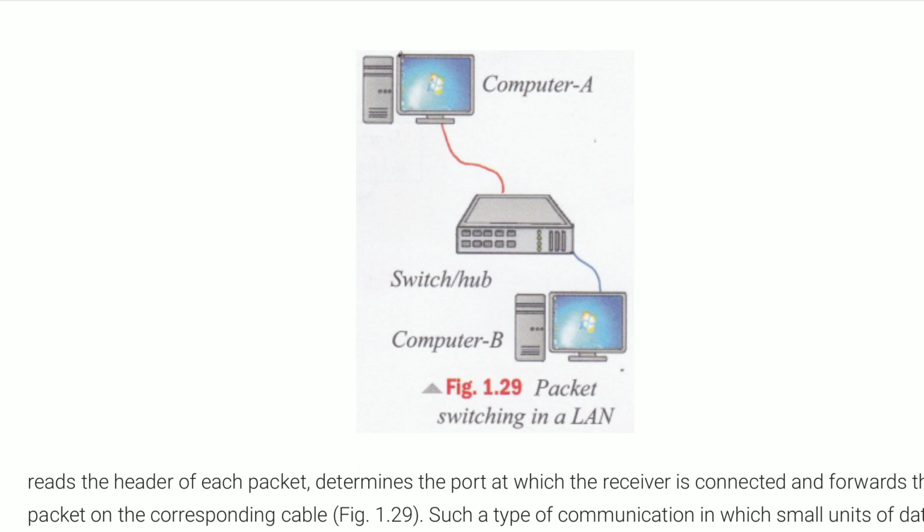A header is added to every packet. The address of the sender, that is computer A, and the address of the receiver, that is computer B, are put in the header. Then computer A, the sender computer, sends the packets to the switch.